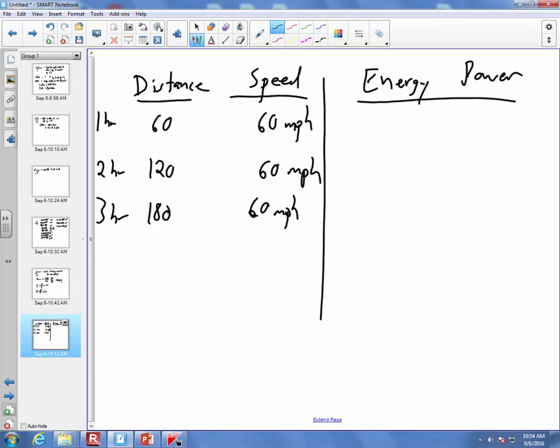So let's say you are using 60 watts, which is the typical power of an incandescent lamp. After 1 hour, how much energy have you used? You don't know the unit yet, which makes this fun. There's a unit of energy called the watt hour.